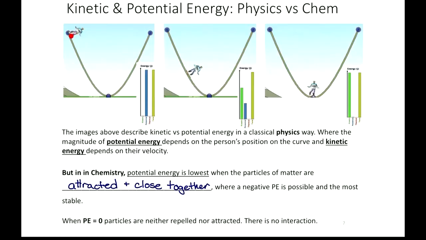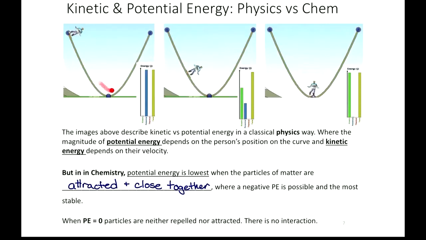So in this picture, a skateboarder or snowboarder has really high potential energy, but no kinetic energy until they start moving along the slope. As this person goes down, kinetic energy increases and potential energy decreases until they hit a maximum in kinetic energy at the bottom of the hill, where they have zero potential energy.